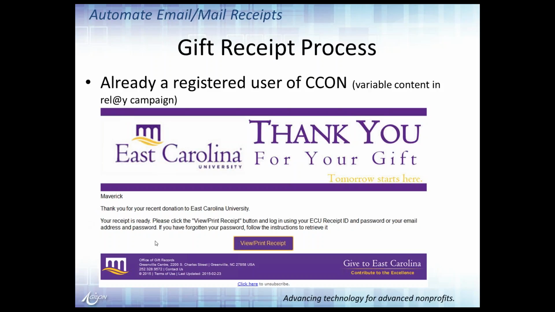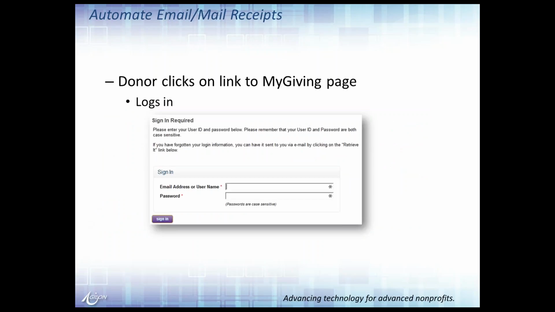This particular campaign was going out to people who had already registered for CCON or had already gone through the process of registering to receive their receipts. So it was just as simple as click on this button for view and print receipt. When they do that, it would take them to their login page where they would put in their user ID and password.